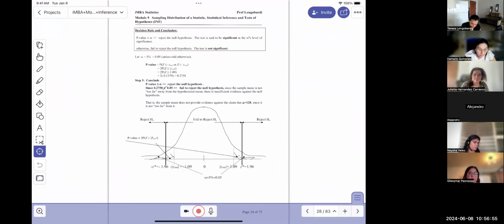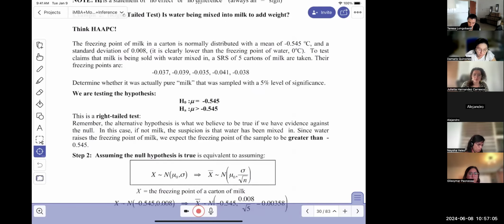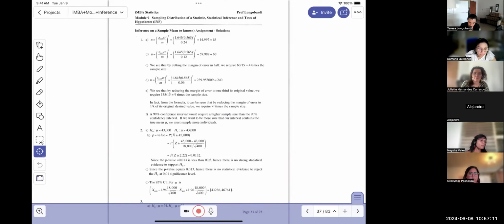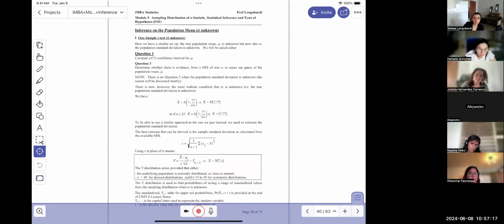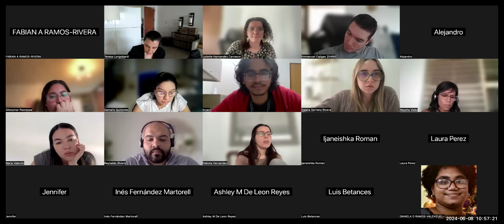Some of them got distorted, but this is the idea here. Fail to reject. I don't expect you to draw this. Just keep it simple. At this point, you have a lot in your mind. Okay, I'm going to go to the t-test. Okay, let me clean up a little bit here. I really like this example.